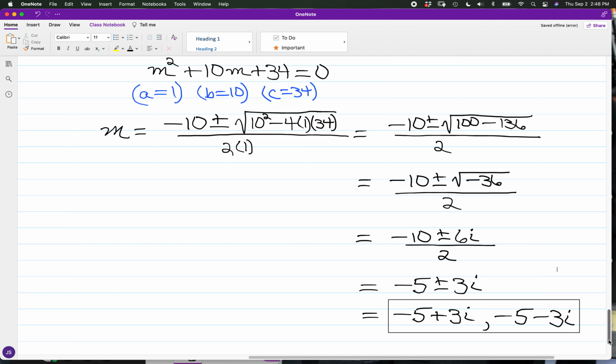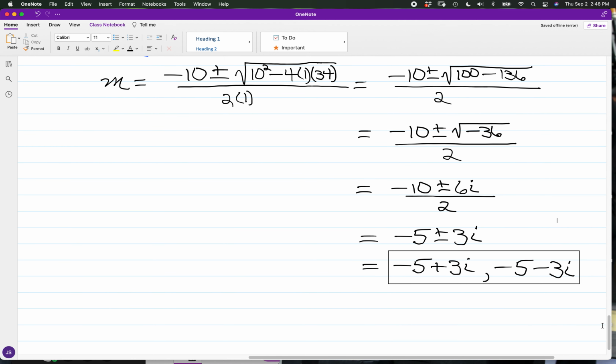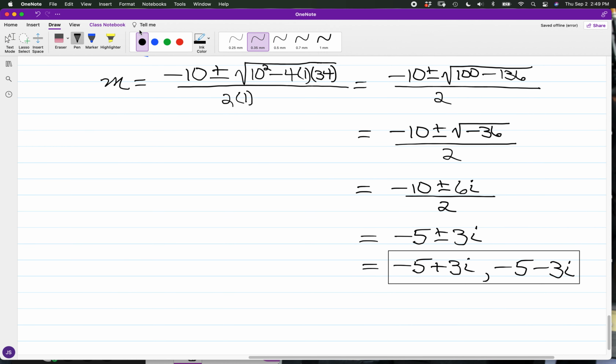Now, for number 71, this problem is akin to the first two items we looked at yesterday, where we had a single variable term plus a constant set equal to 0.